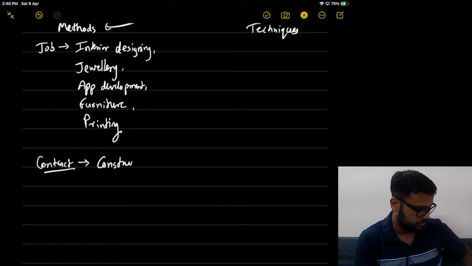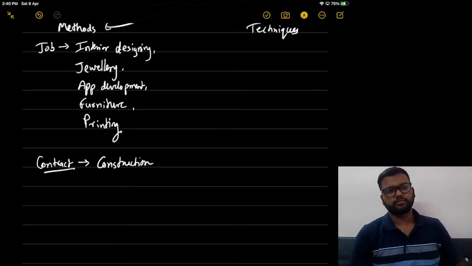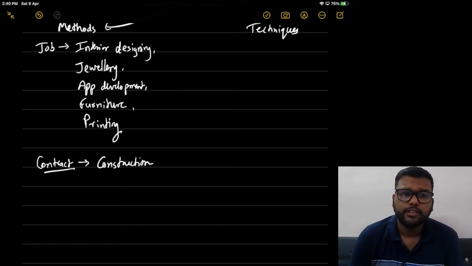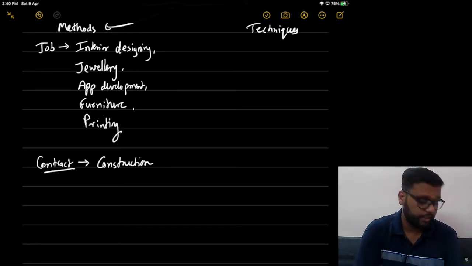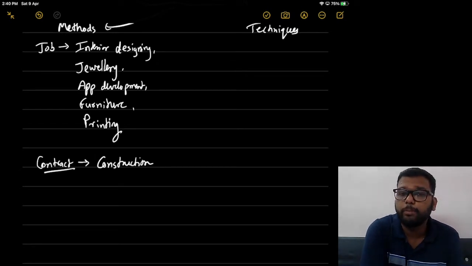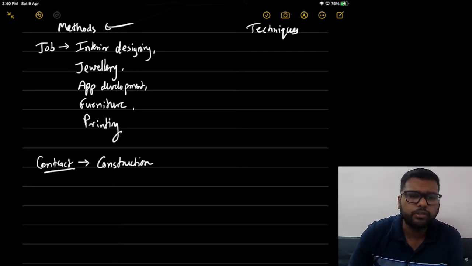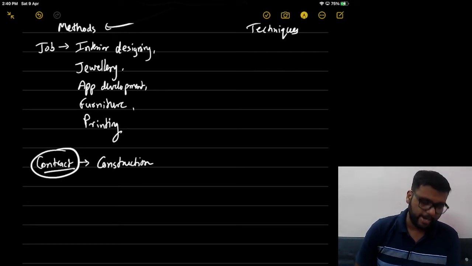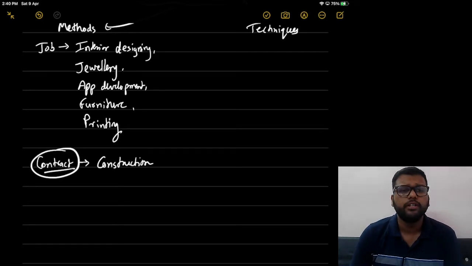Right. So infrastructure, building bridges, then maybe if someone is building a ship or a plane, it might take more than 1 year. So in such cases contract costing may be used. Generally when someone takes a contract for a job which goes over 1 year, we use contract costing.